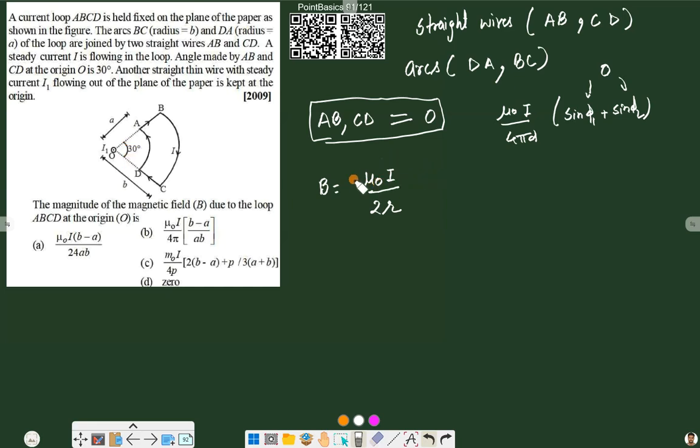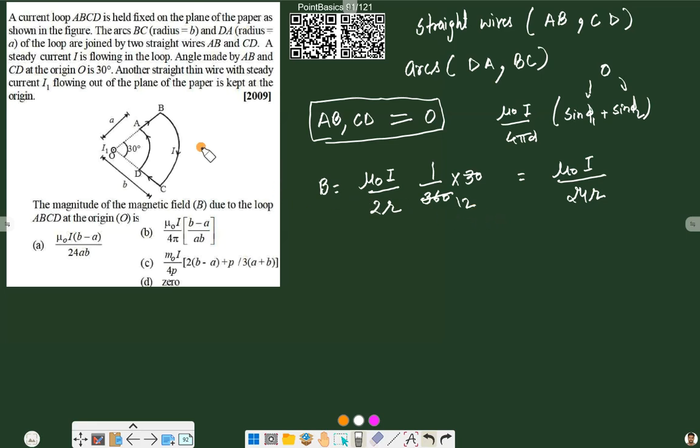So we will divide the magnetic field due to a whole loop by 360 degrees, because a complete loop covers 360 degrees, and we have only 30 degrees available here. So the magnetic field due to these two arcs, formula-wise, will be mu naught I over 24 R. So this is the value of magnetic field.